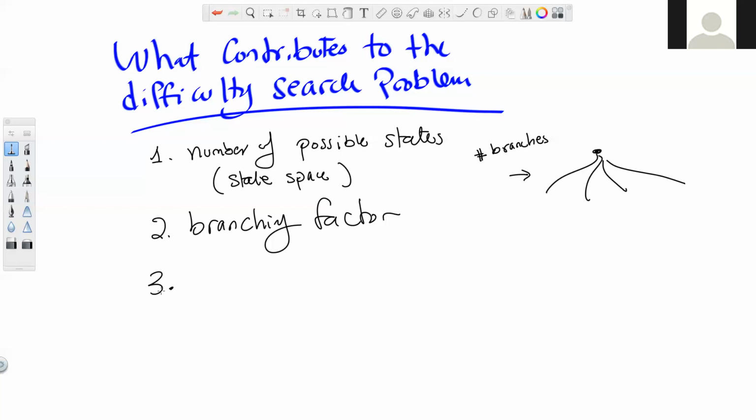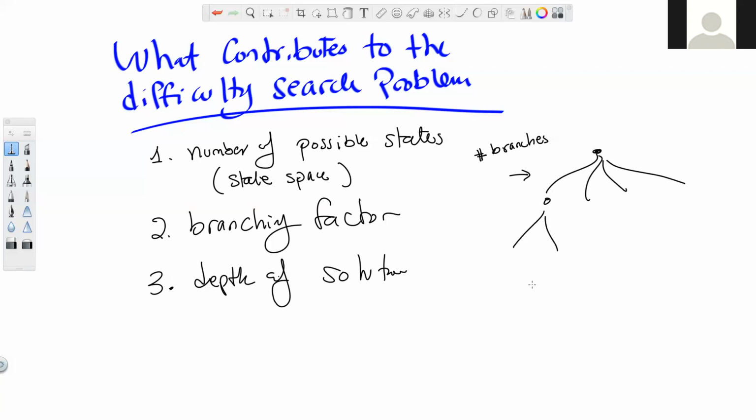So there is one more thing, and I do believe someone did say, so someone said depth. Yes, Kyle. Depth of the solution. Think about it, all of these three are trying to give you some indication of how large a search tree you may be looking at. So branching factor contributes.